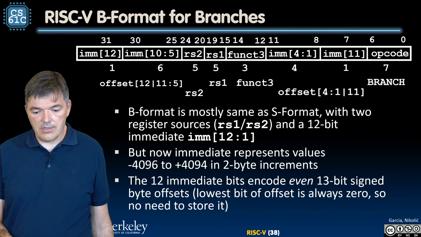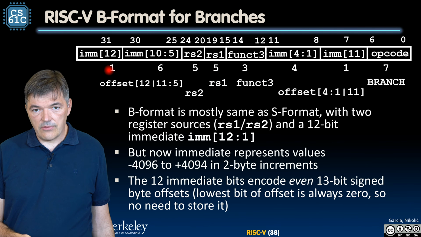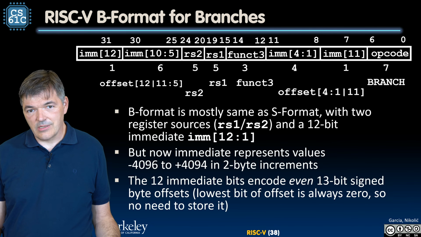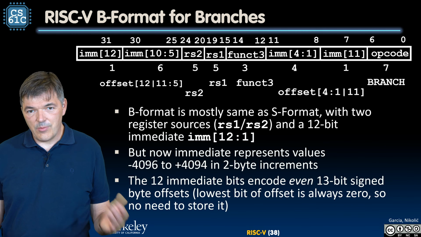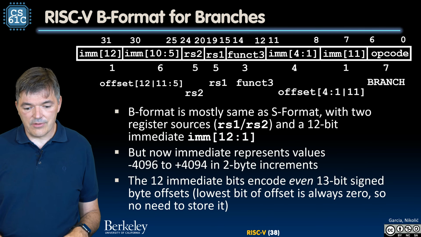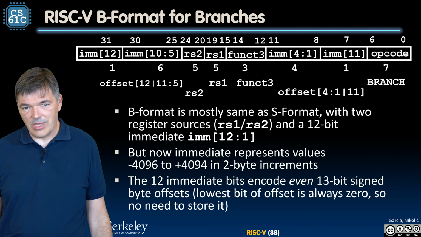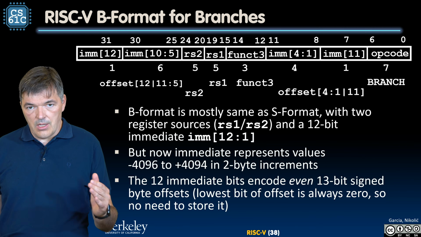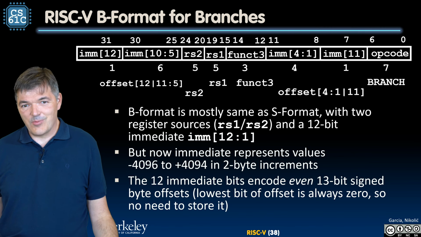The rest, the former space that we used for the destination register and the func7 field, are basically taken by the bits that specify the immediate value, except that these immediate bits are shuffled all over the place, and initially that does not quite make that much sense. But we'll see in the next slide how it makes sense.